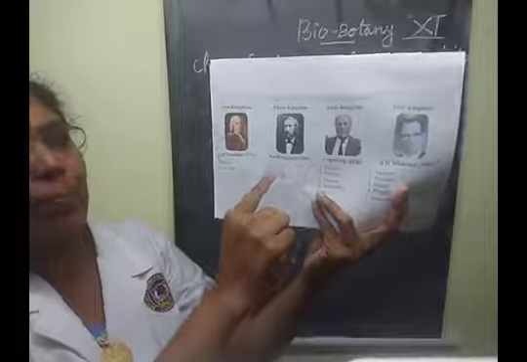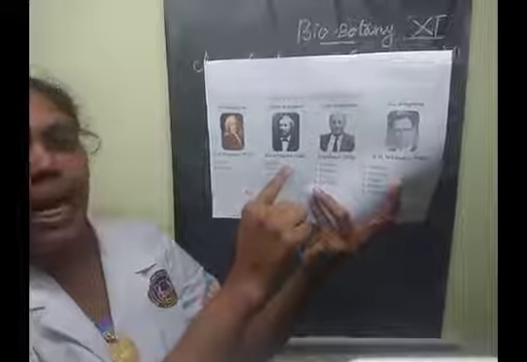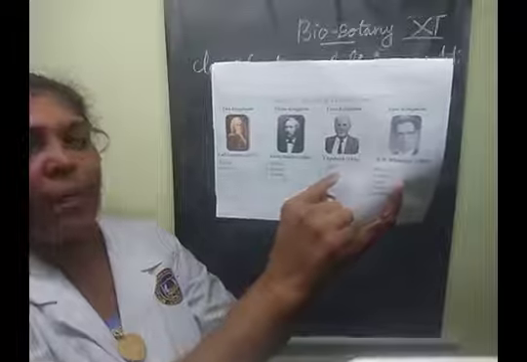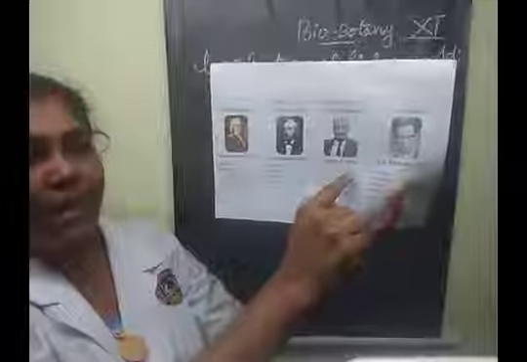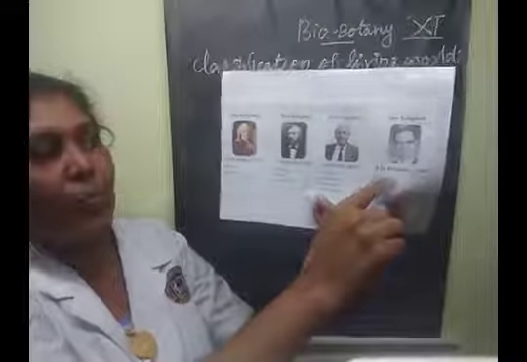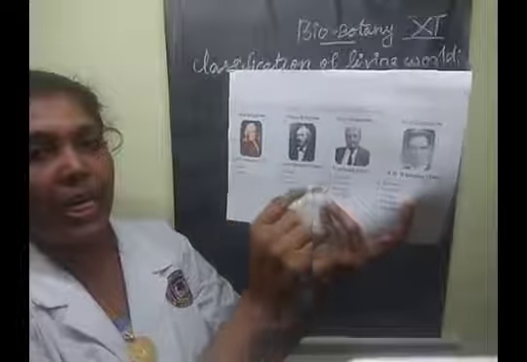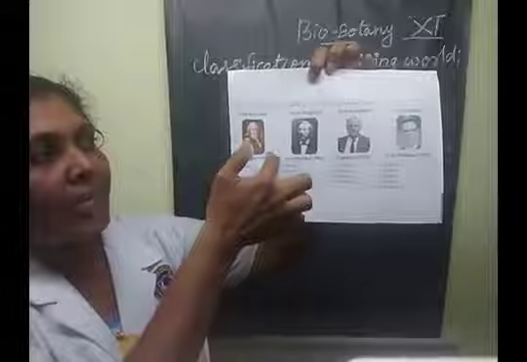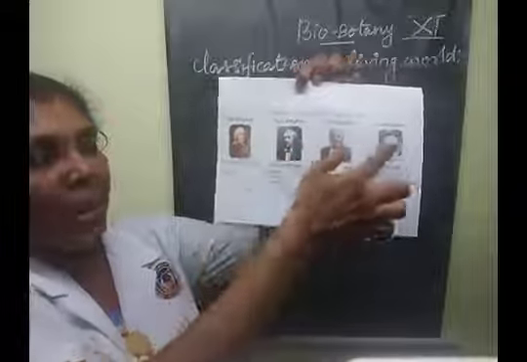The 3 kingdom system of classification was proposed by Ernst Haeckel. The 4 kingdom system of classification was proposed by Copeland. The 5 kingdom system of classification was proposed by R.H. Whittaker. Okay? Then what are the kingdoms in the 2, 3, 4, 5 systems?